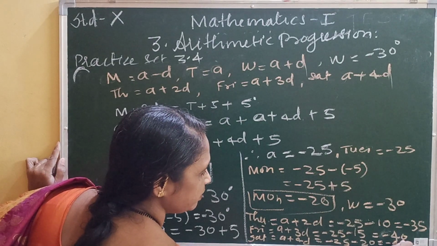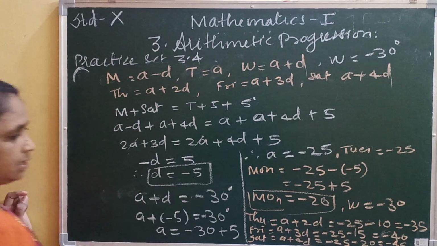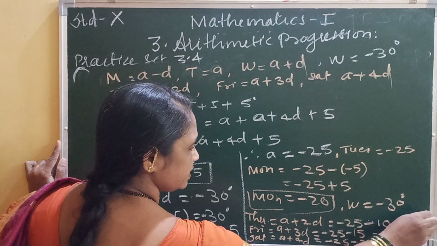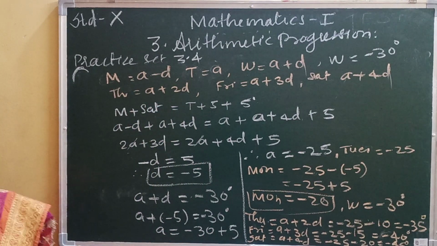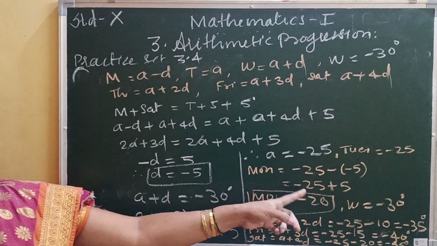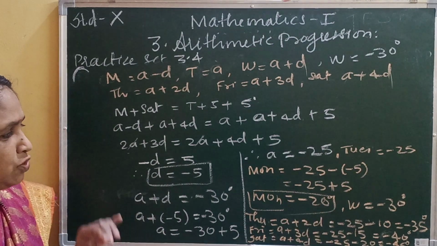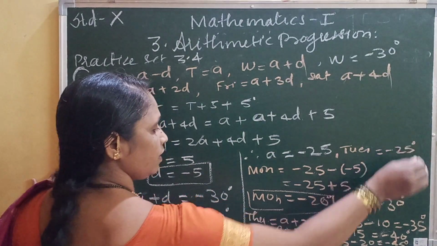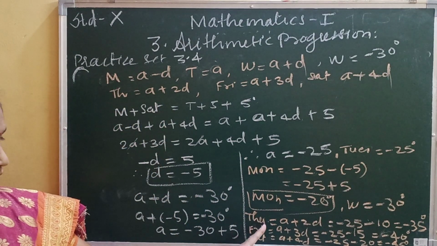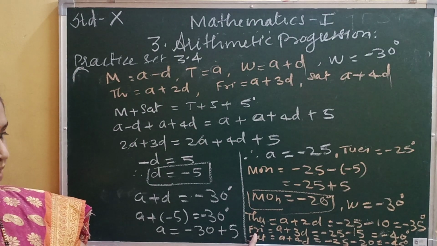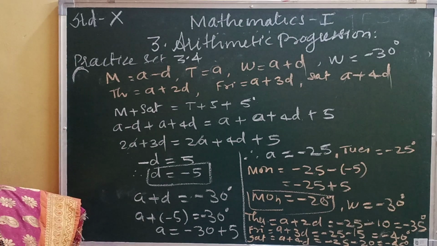Saturday's temperature will be minus 45 degree Celsius. So Monday to Saturday: minus 20, minus 25, minus 30, minus 35, minus 40, and minus 45 degree.